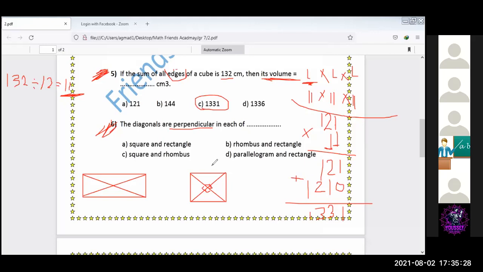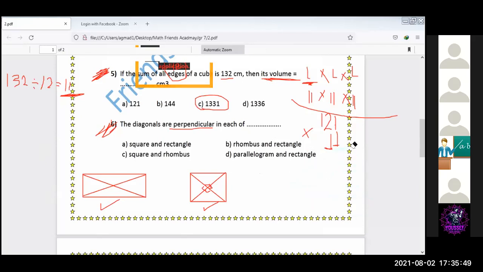All the shapes which have 4 sides. The common shapes: rectangle, square, and rhombus. Let's draw the rhombus here in front of your eyes. I will erase this one to draw for you. And what is the difference between the diagonals in them?